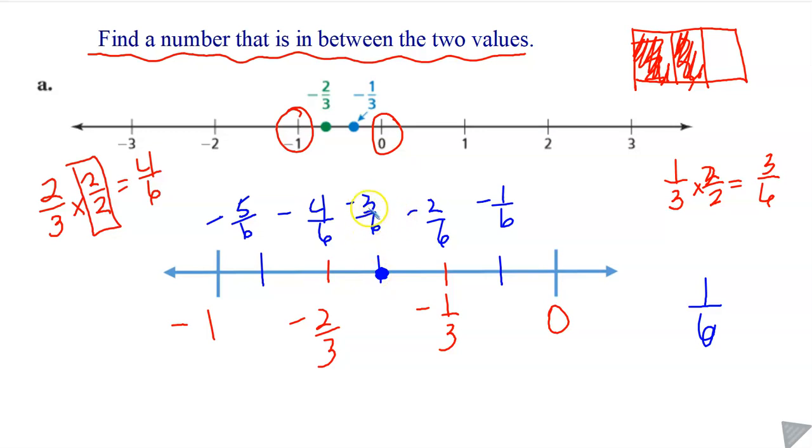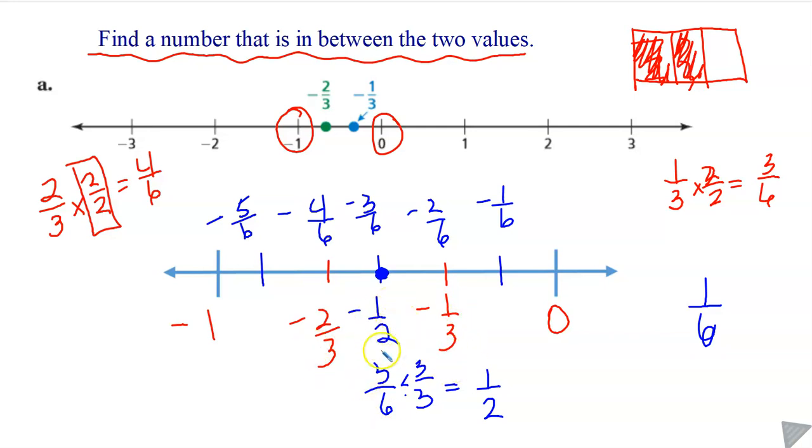But then I go, wait a minute, -3/6 can be simplified, right? So I take the 3/6 and I divide it by 3/3 and I get 1/2. So the fraction that's right in between 2/3 and 1/3 is 1/2.